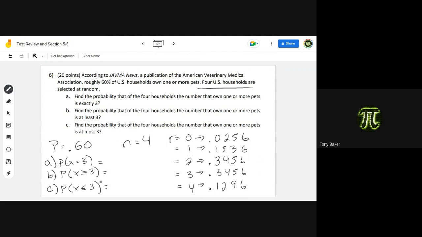So exactly 3 is 0.3456. On the test, do you want us to write out the whole equation like that at the beginning, or do we just say A equals B, 0.3456?